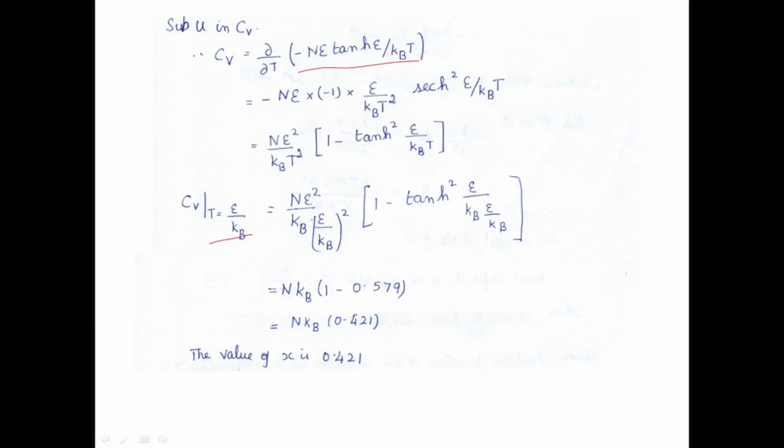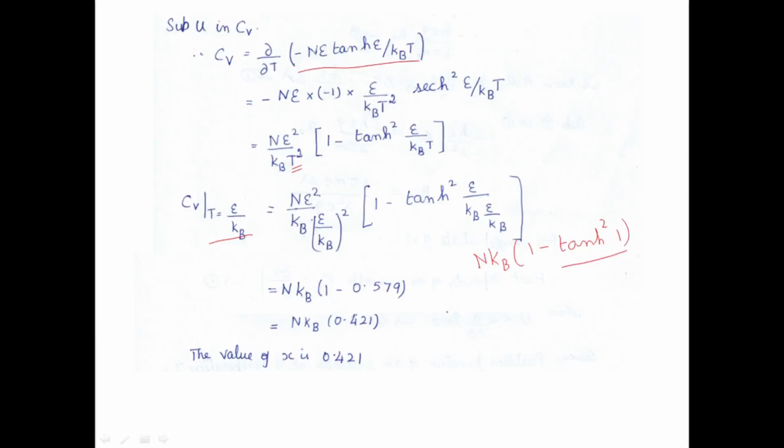So at this T, substitute for T, E divided by kB. We will be getting N E square kB into E divided by kB square, minus tanh square of E divided by kB into E divided by kB. By simplifying this, we will be getting N kB into 1 minus tanh square of 1. The value of tanh square of 1 is 0.579. So by simplifying it, we will be getting N kB into 0.421.